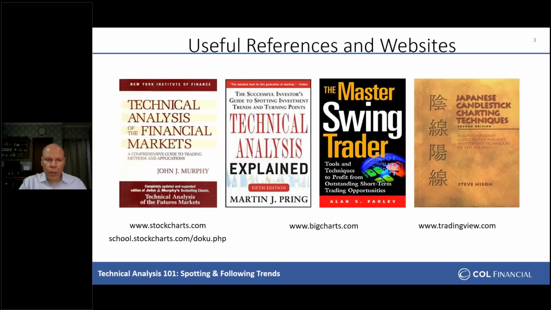I would prefer you read the first rather than the second, because the second is very detailed and written in such a way that it might take some gearing on your end. John Murphy has a much easier English style, so you might really want to look at that. Then, of course, Master Swing Trader by Alan Farley is something you want to look for.